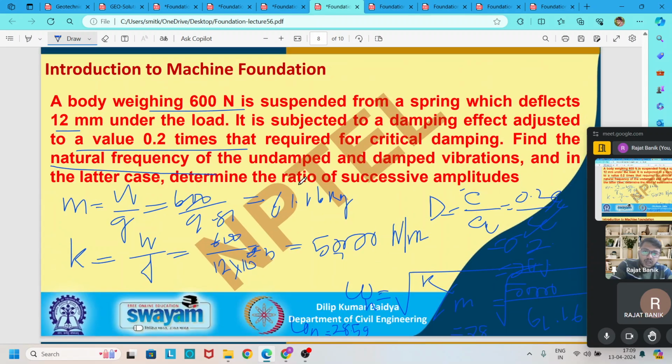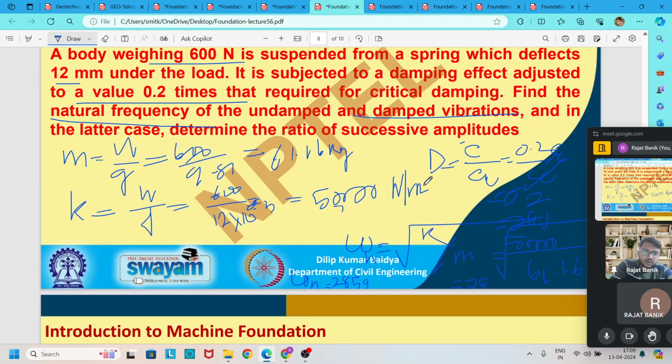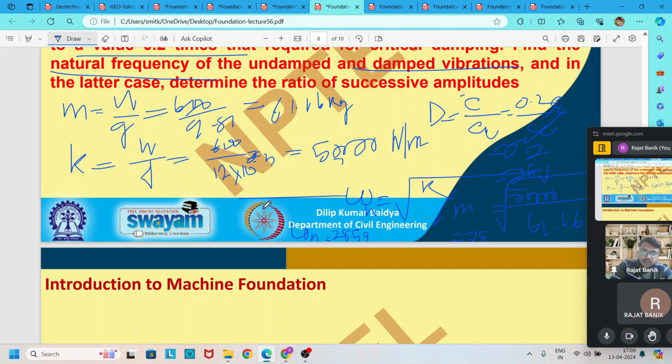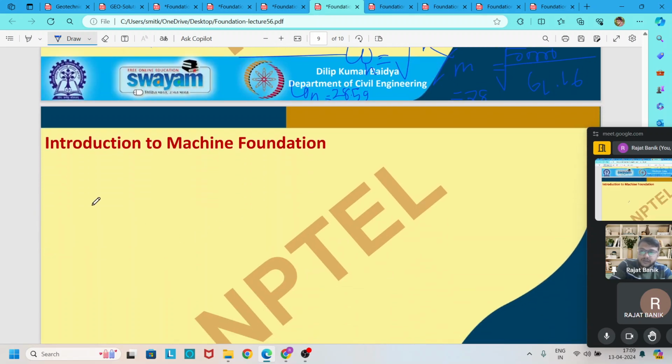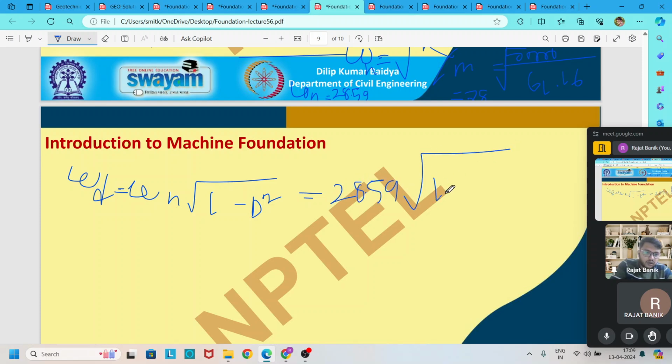Now find out the damped vibration, and this is undamped vibration. Natural frequency for undamped vibration, natural frequency for damped vibration, which is called omega d, is equal to omega n into root over 1 minus d square. So put the values: omega n we found 28.59, d is 0.2 and it is whole square.